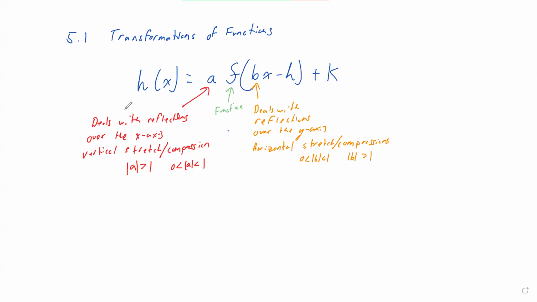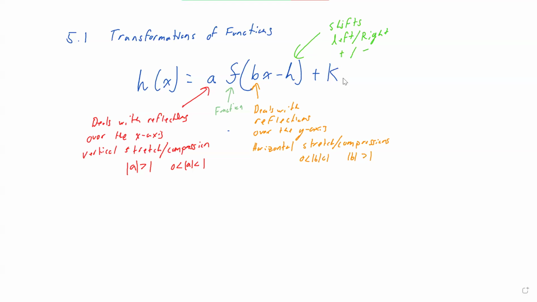All right. Then we have our H. This deals with our shifts left and right, but does the opposite of what you think. So if I'm going left, I'm actually adding, and if I'm going right, I'm actually subtracting.